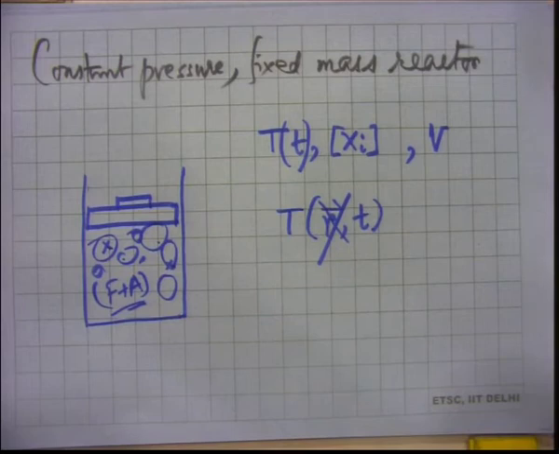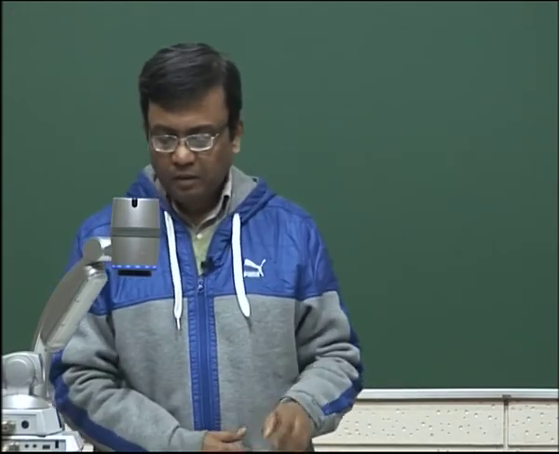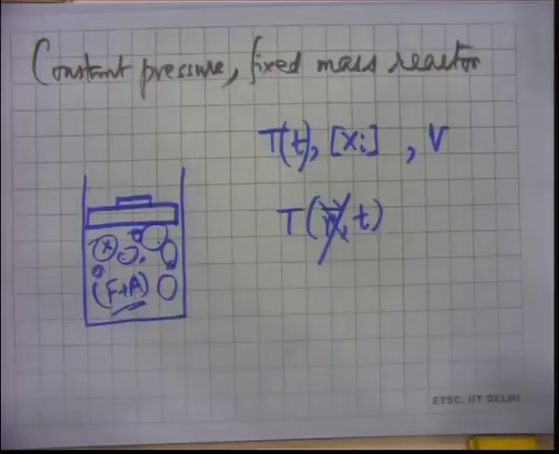Temperature should be also a function of volume, in the sense that volume changes as a function of time. So if you say temperature is a function of time, then with time volume is changing and temperature is also changing. So you can relate temperature to volume if you want that way. But we of course will not like to write in terms of volume.